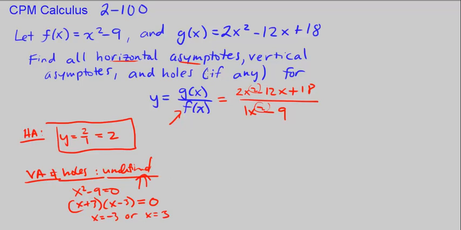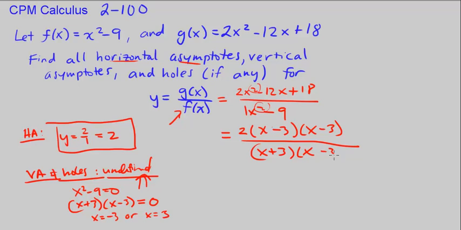Okay, so the next step is going to be can we simplify this? Well, the numerator we saw earlier is just 2 times x minus 3 times x minus 3, and the denominator is x plus 3 times x minus 3, right? We could cancel these out, so we're left with 2 times x minus 3 over x plus 3.